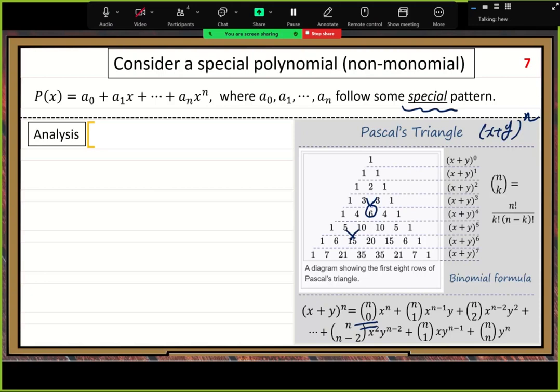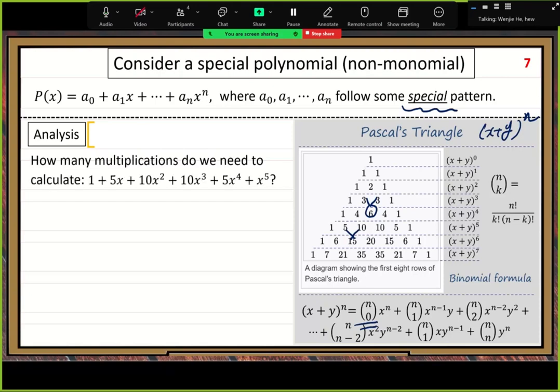Okay? All right. Now, after we have this structure, how many multiplications do we need to calculate this polynomial?